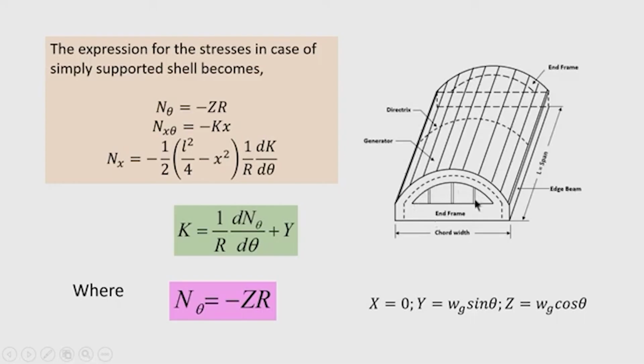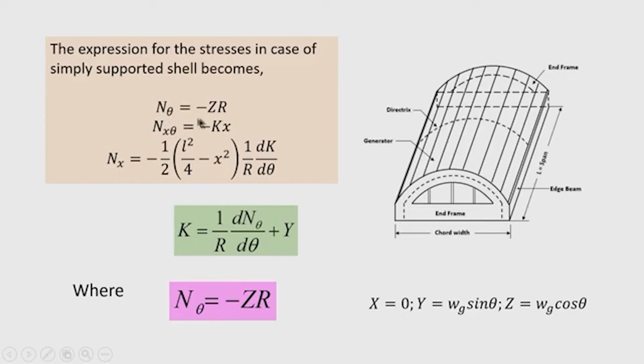So, for the simply supported condition at the transverse, two conditions have been imposed. One is N x is 0 and another is N x theta is 0. Based on those two conditions we have obtained the constants of integration, and the final expressions for N theta, N x theta and N x are given here for simply supported cylindrical shell.